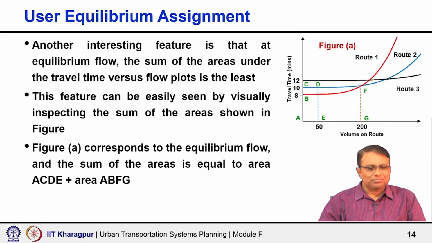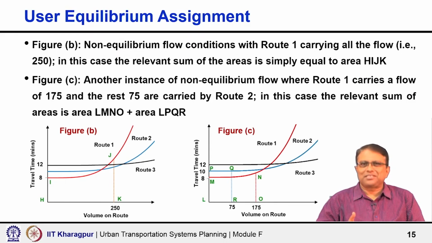So, it is shown here, any possibility you take, you will find you will end up with a higher area. That is what is shown with each of these figures, right.